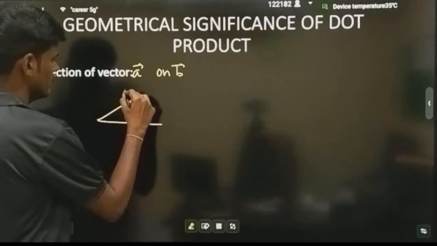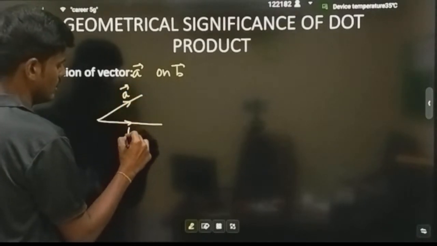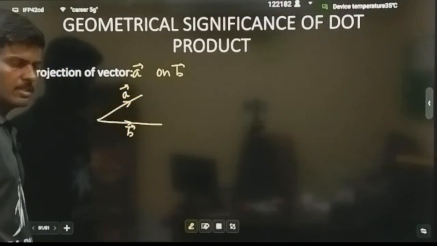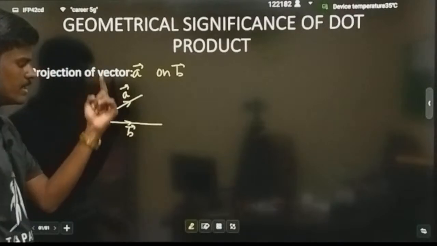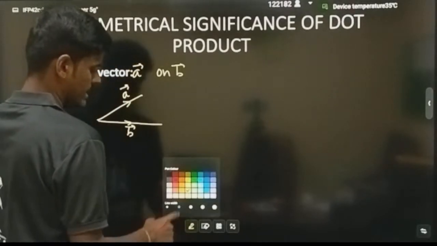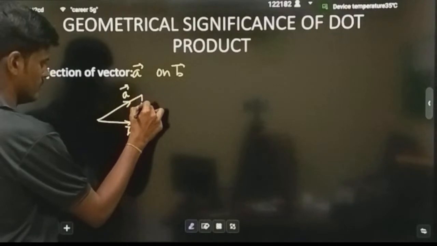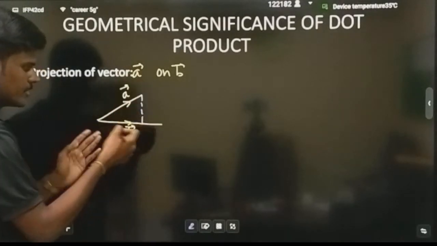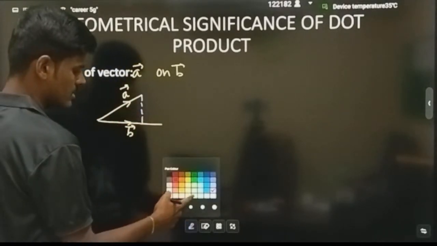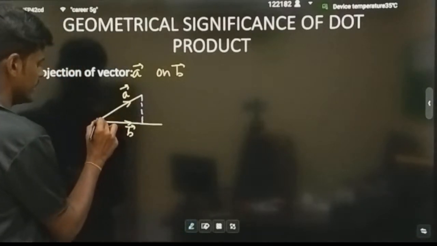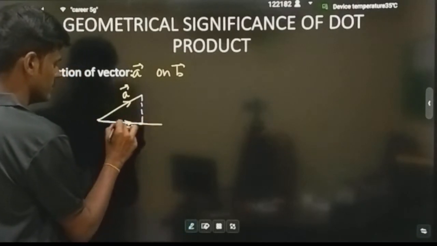That means this is the A vector and let this be the B vector. What is the projection of A vector on B vector? This is the projection. Projection gives the length, this length.